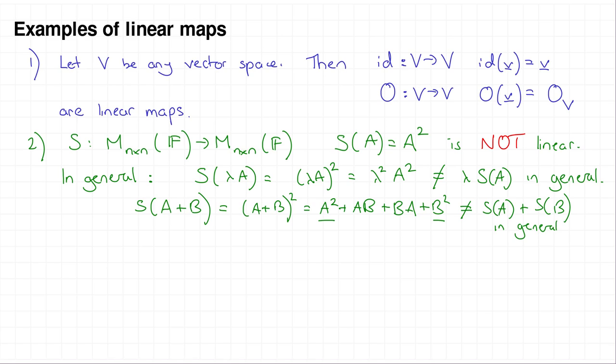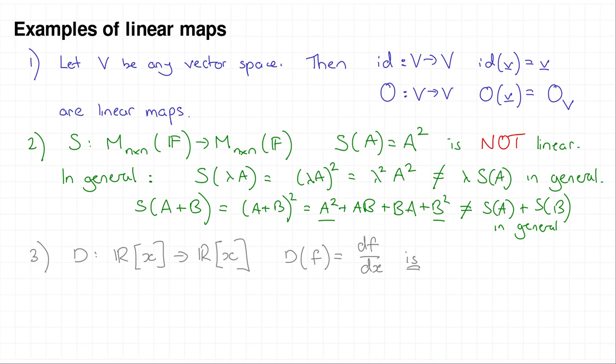Let's now look at an example of something which is a linear map again. So we're going to define D, which is going to be a function from R of x to R of x. You will remember R of x means the set of all polynomials in one variable x. And we're going to define D of a polynomial f to be its derivative df by dx.